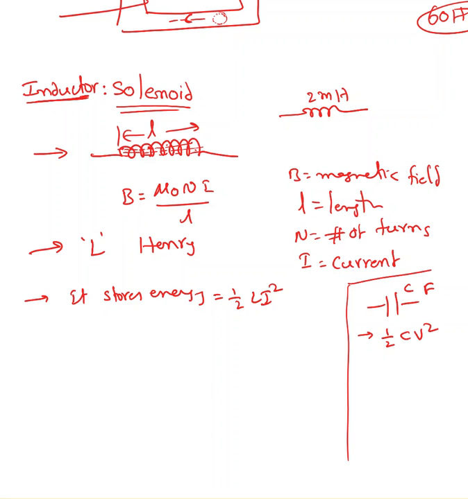Same way, inductor stores energy, that value is half L I square. By the way, capacitor stores energy in the form of electric field. Inductor stores energy in the form of magnetic field.